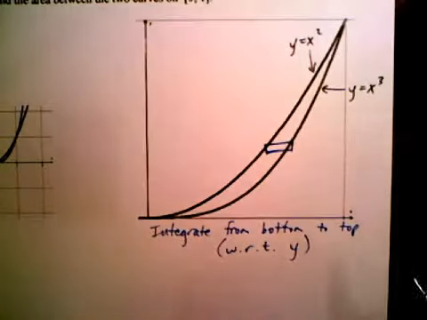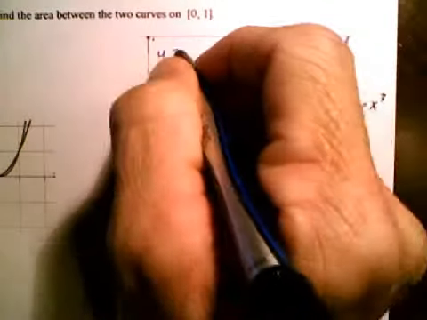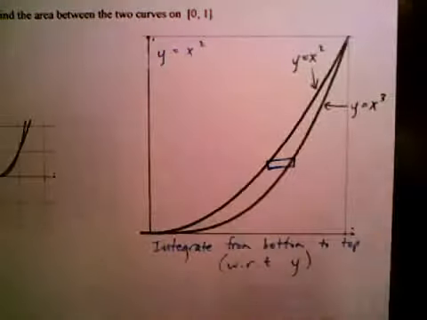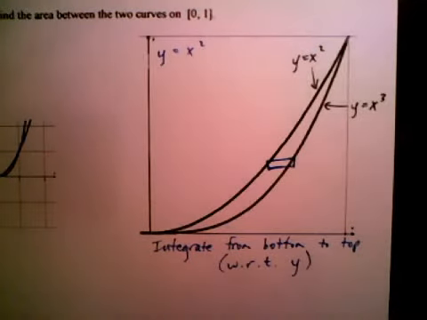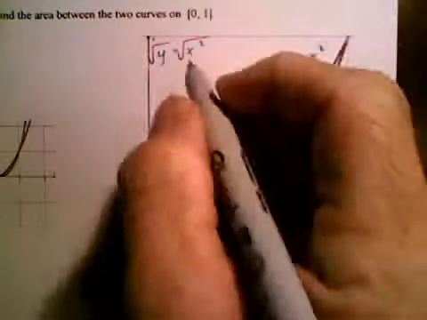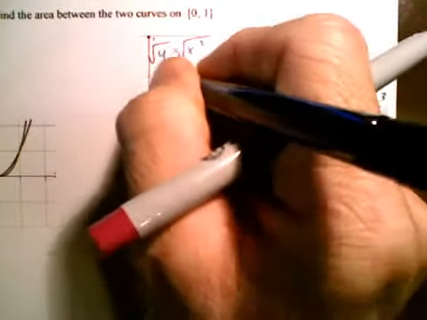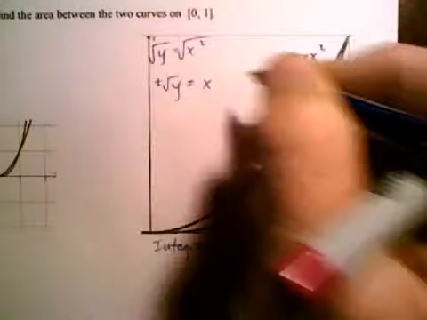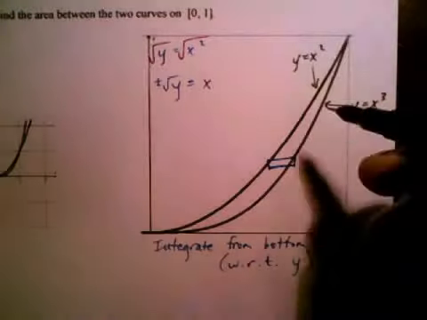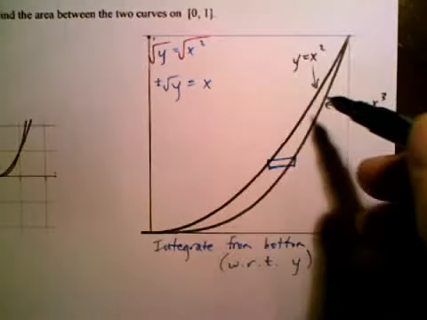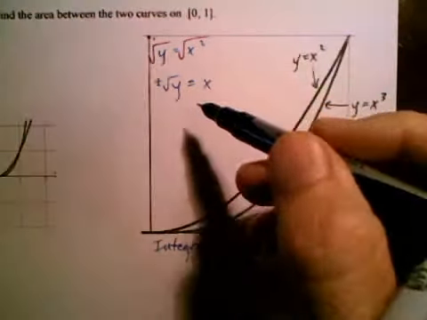So we take this y equals x squared, and we want to take the square root of both sides of it. In other words, we have to solve for x. Okay. So when we take the square root right there, we get plus or minus square root of y is equal to x. Well, with just a little bit of work here, you can figure out that we can't use both of those, plus or minus.